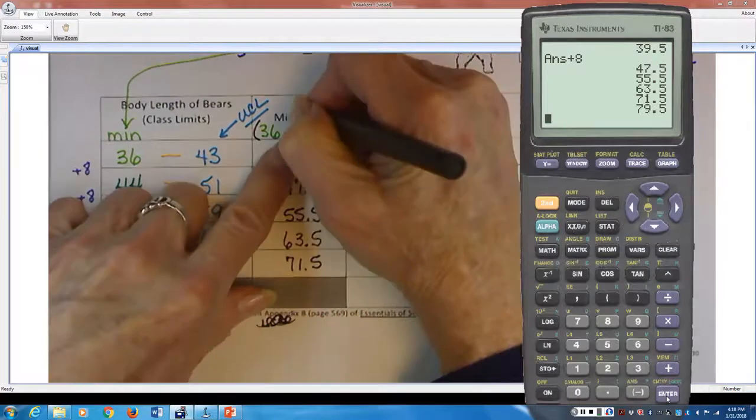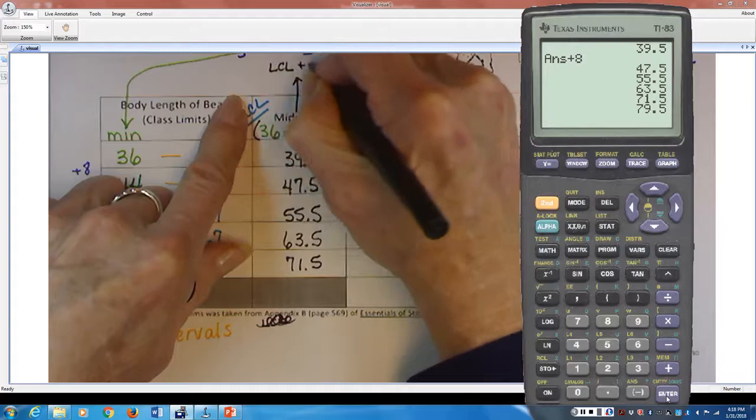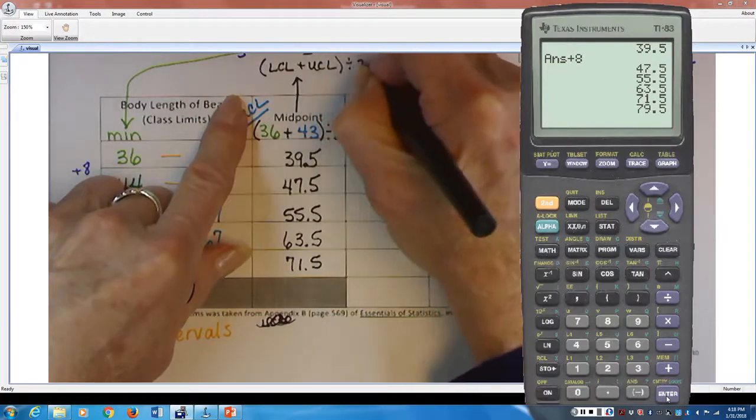So your midpoint is your lower class limit plus your upper class limit divided by 2.